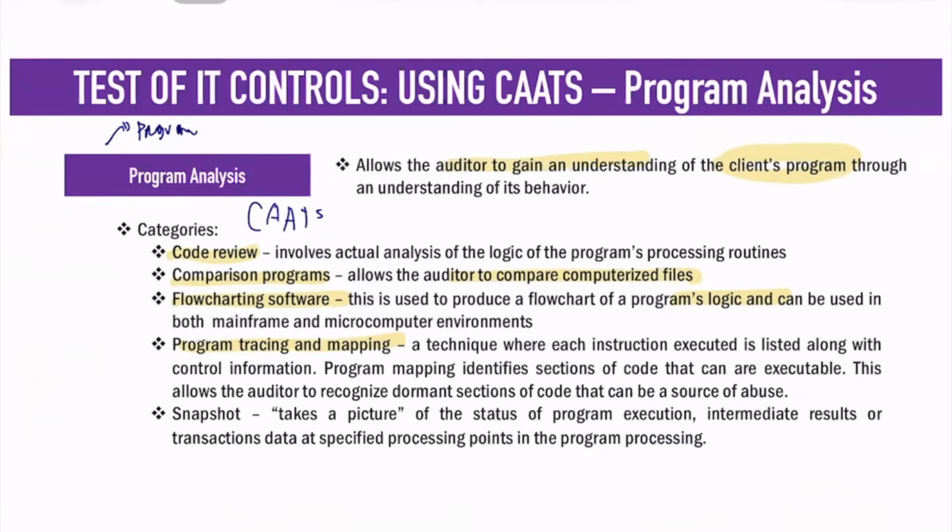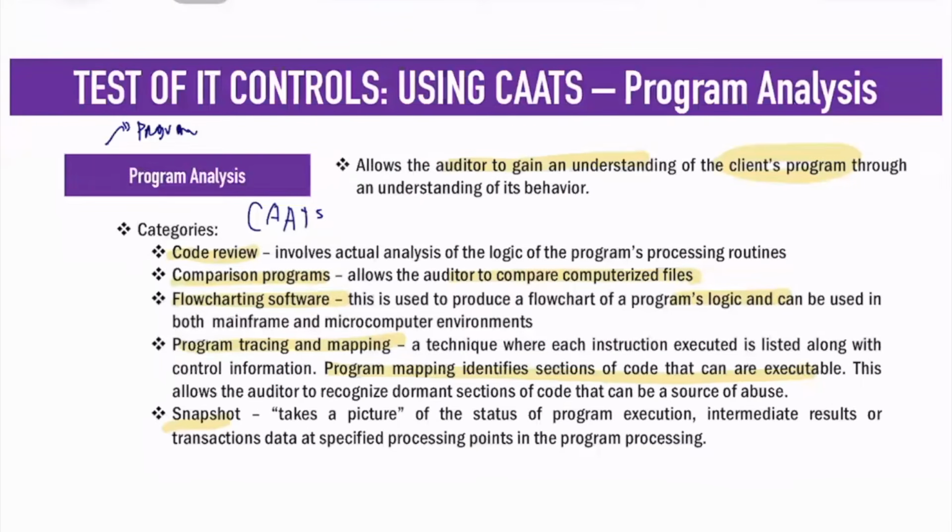So program mapping, therefore, identifies sections of the code that can be executed. Lastly, to test your program analysis or the program itself, we have your snapshot. In your snapshot, it takes a picture of the status of the program execution, intermediate results, or transactions data at specified processing points in the program processing.